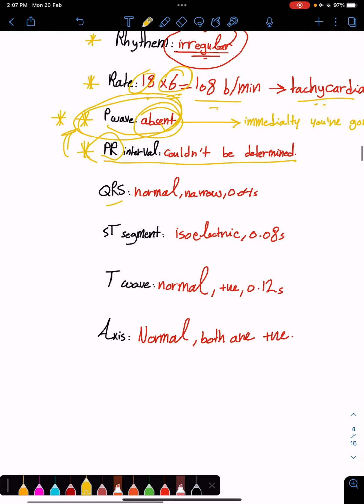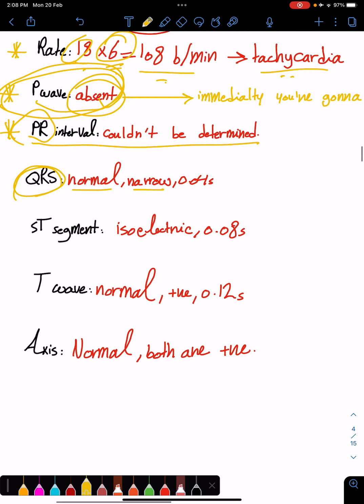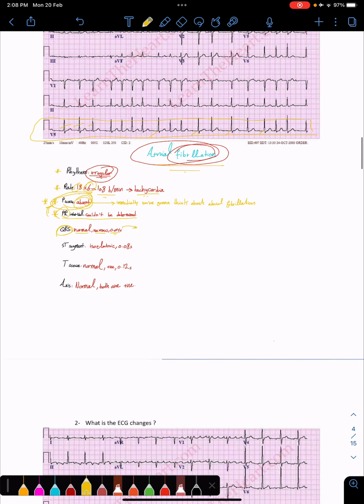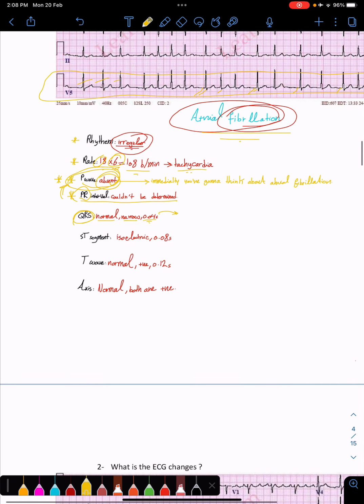What about the QRS? The QRS is normal, narrow, and it equals 0.04, which is equal to a small square. Once you see here, this is small square, small square, small square. So it's going to be 0.04.